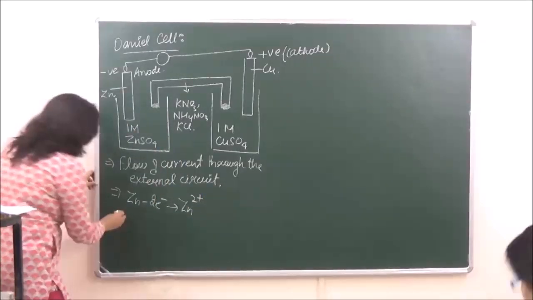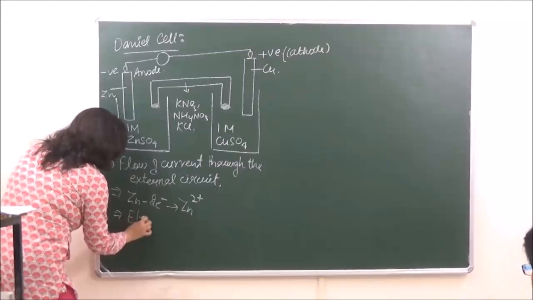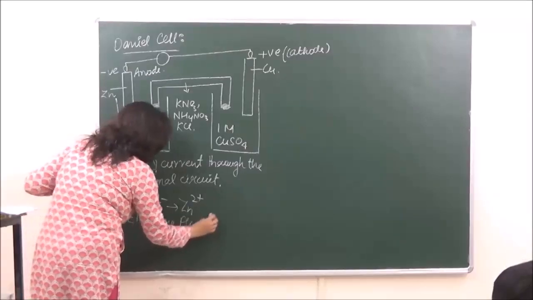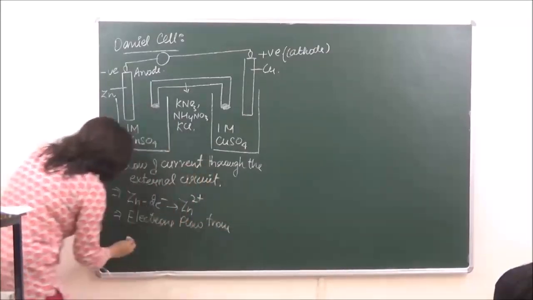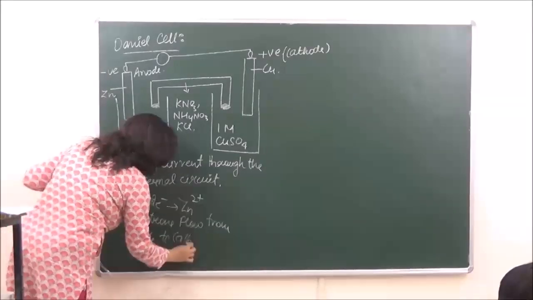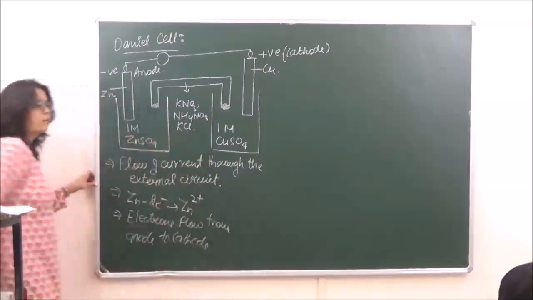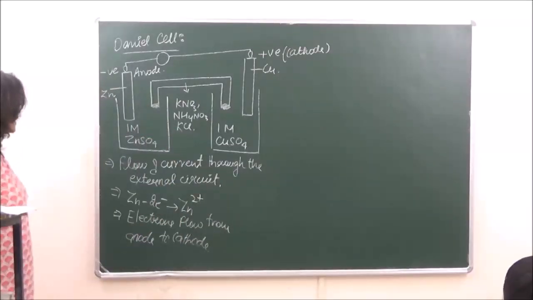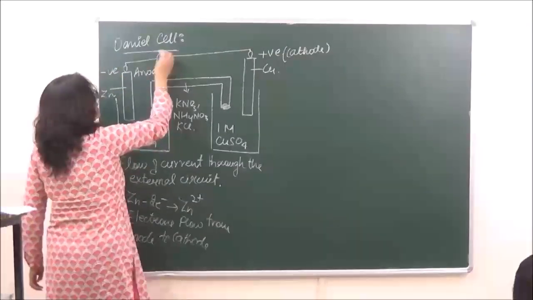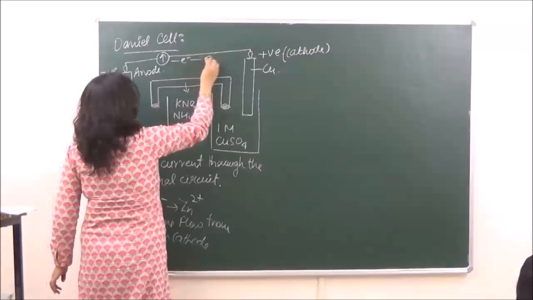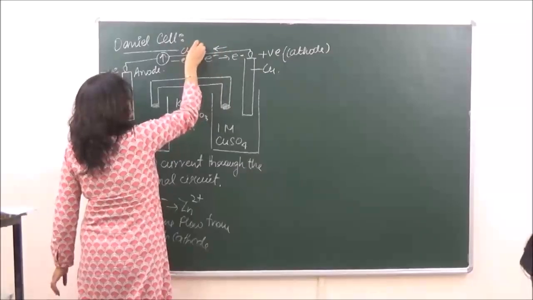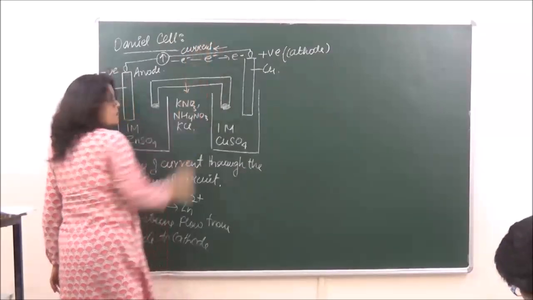So therefore we can say that electrons flow from anode to cathode. Right? Now if the electrons are flowing from anode to cathode, if this is the galvanometer and we are saying that electrons are flowing from anode to cathode, we know that current is going to flow in the opposite direction, right?